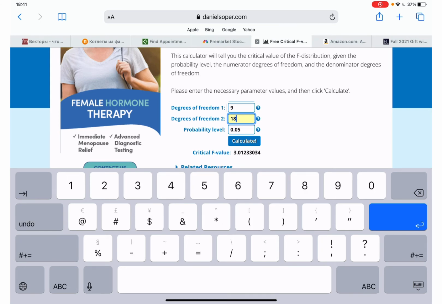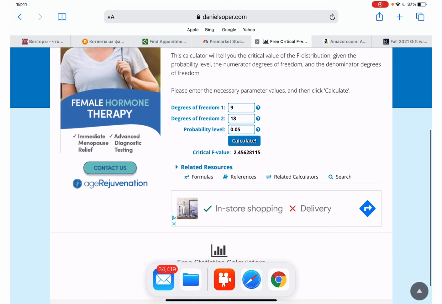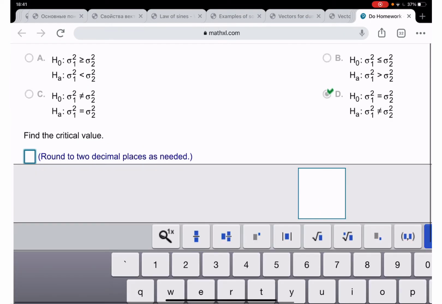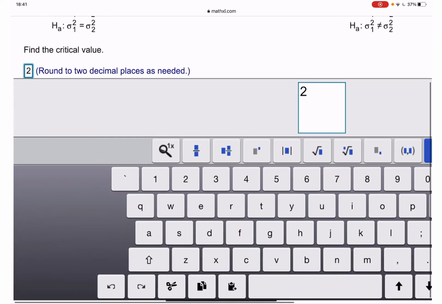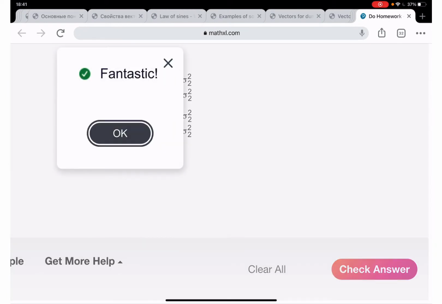And 0.05, we split it. And we get 2.46. All right, we did a fantastic job.